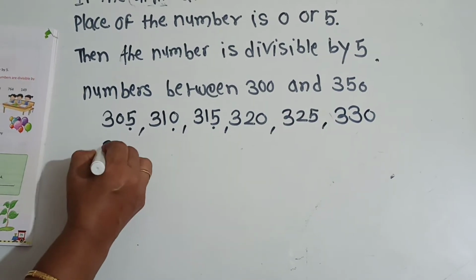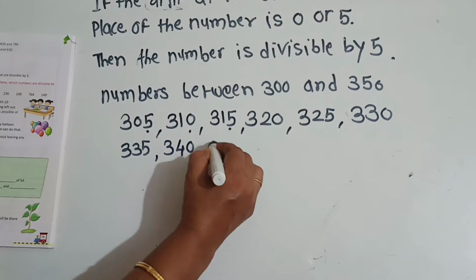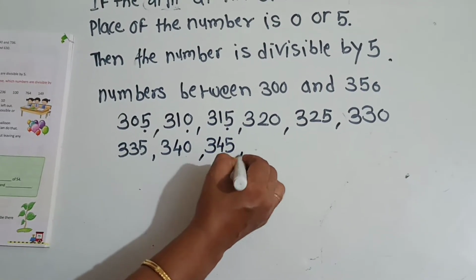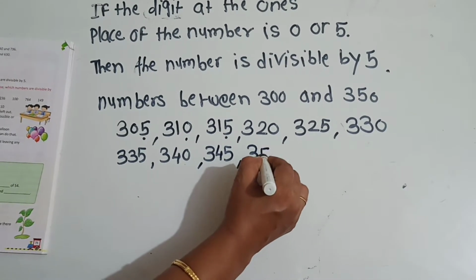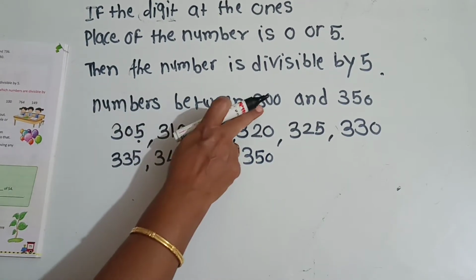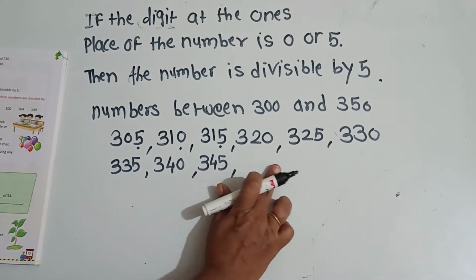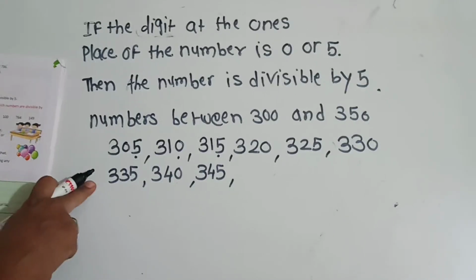330, 335, 340, 345, 350. Okay, but we have to write the numbers between 300 and 350 which are divisible by 5.